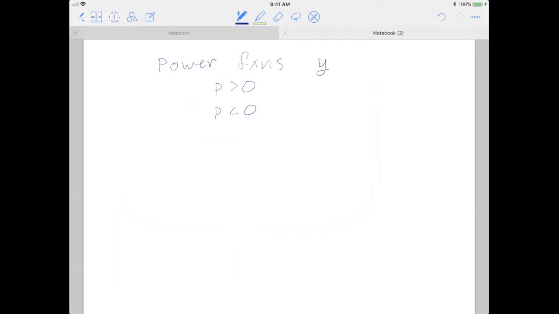So this is y equals kx to the p. Let's make that look something like a k, shall we? Yes, y equals kx to the p. But we've discovered that this isn't quite the whole story.